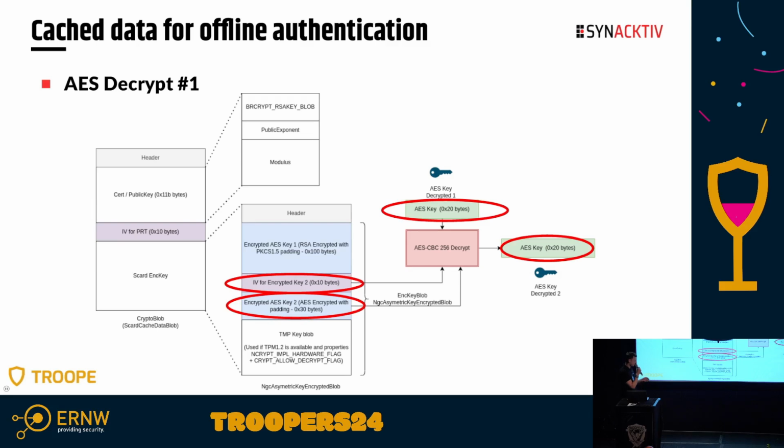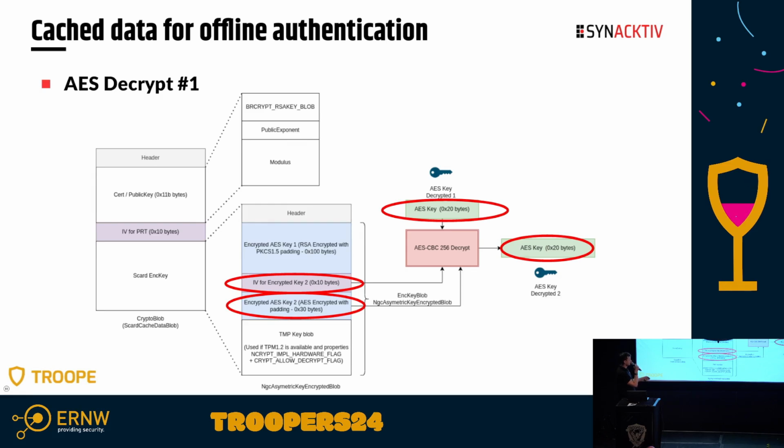So these are the operations. Here we have the AES key, which is decrypted. It was this one before, and now it's decrypted here. So we use it as the key for the AES decrypt operation. Here we have the input, which is an encrypted AES key. For this AES decrypt operation, we will use an IV, which is also stored in the cache data file.